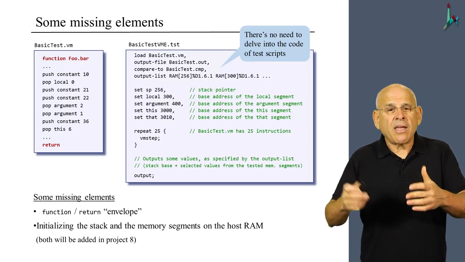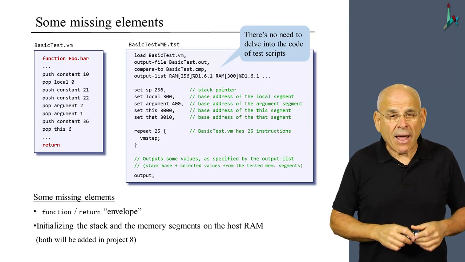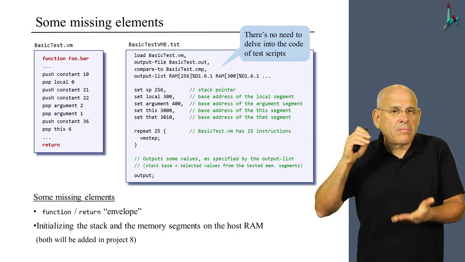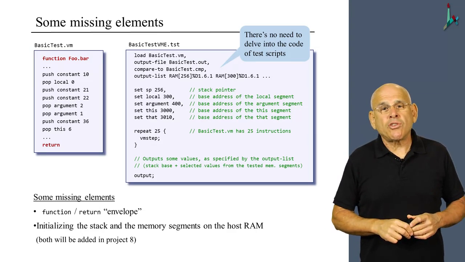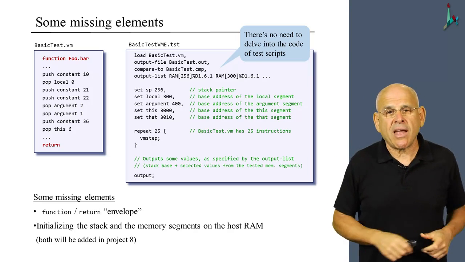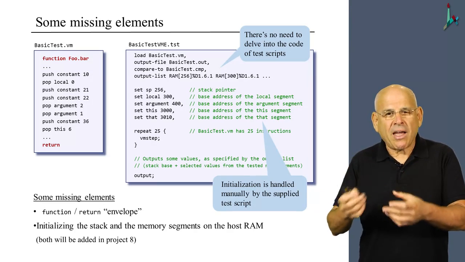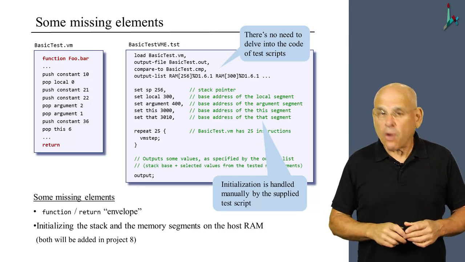So as you see, we write a set of commands. Once again, these test scripts are supplied to you by us, and what we did is we added batches of commands that initialize the virtual segments manually and anchor them on selected areas in the RAM. So once we execute this setup stage in the test script, the VM code will run properly.